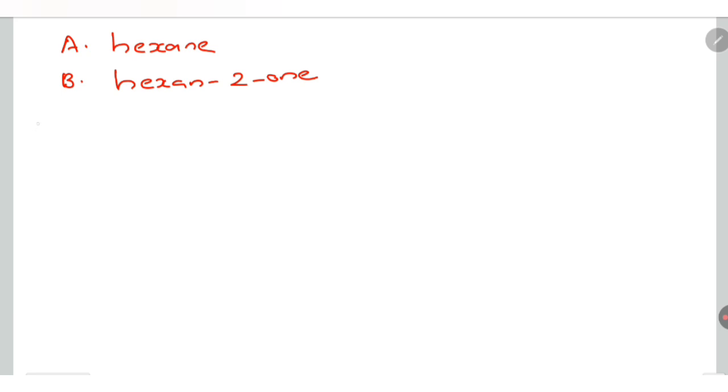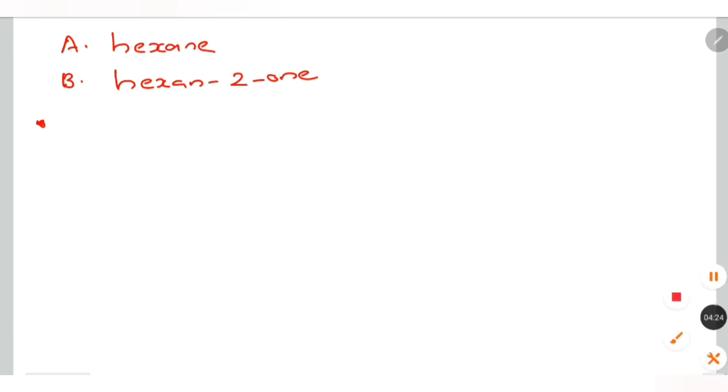So the first point that we are going to write is, let's look at compound A and B. A is an alkane, B is a ketone. So we already identified now alkane has what type of force? London force. Ketone has what type of force? Dipole force. So you have to mention that as the first point.